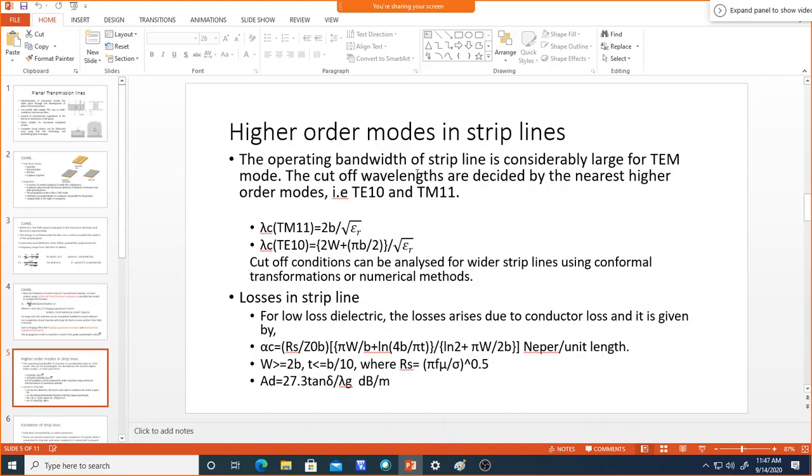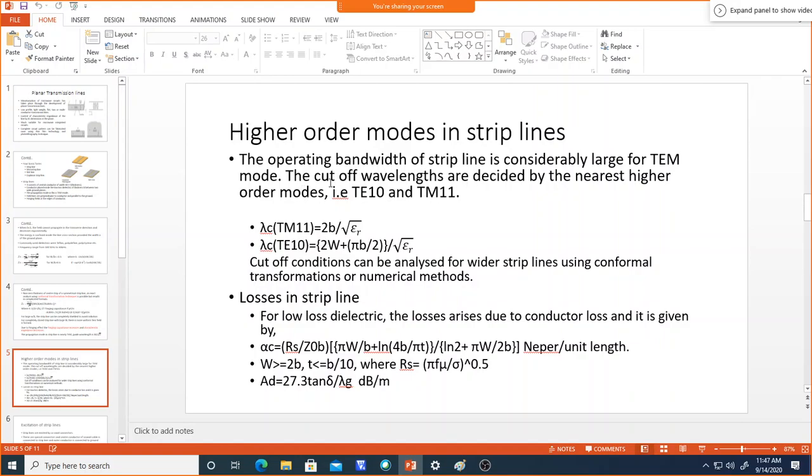The operating bandwidth of a strip line is considerably large for the TEM mode. Since the field is uniform in the TEM mode in the strip line, the operating bandwidth will be much larger, and this bandwidth is decided by the nearest higher order modes. You can take the cutoff wavelength of the nearest modes and calculate the bandwidth.